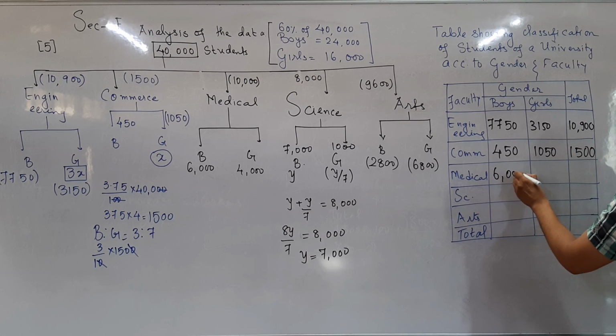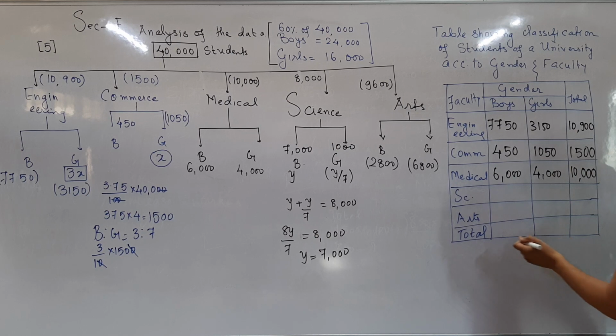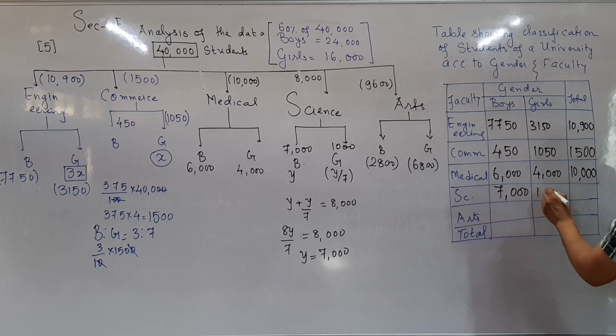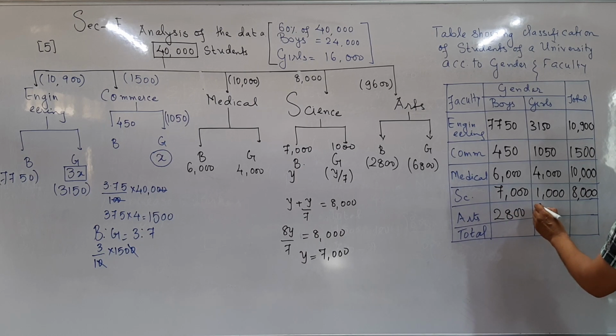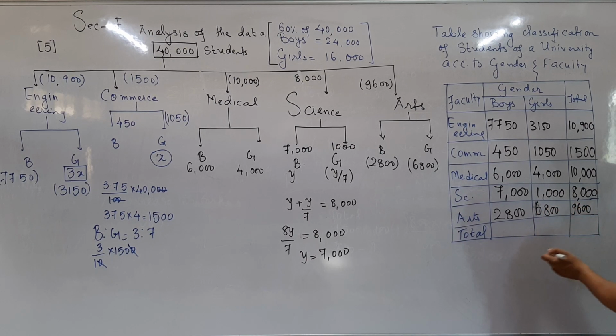Medical, boys were 6,000, girls were 4,000, total were 10,000. Science, boys were 7,000, girls were 1,000, total is 8,000. Arts, boys were 2,800, girls were 6,800. Total students were 9,600.